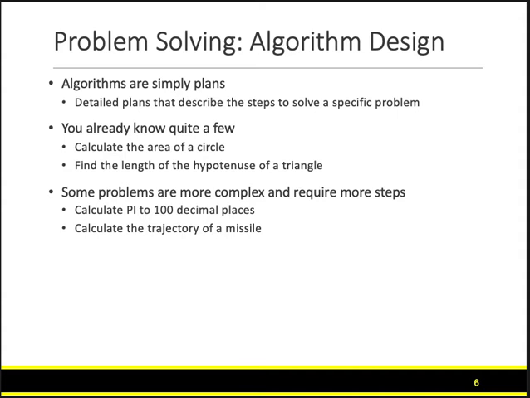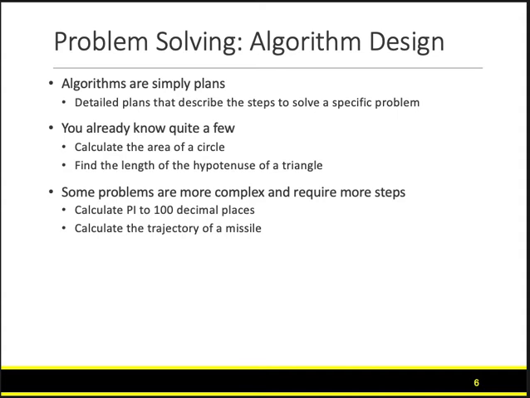So the first step is figuring out what the inputs are and what the outputs are. My input here is radius. The output is the area of the circle. Then what is the step? How am I going to find the area of the circle? I know the formula is pi times radius square. Now I already have the radius in the input.